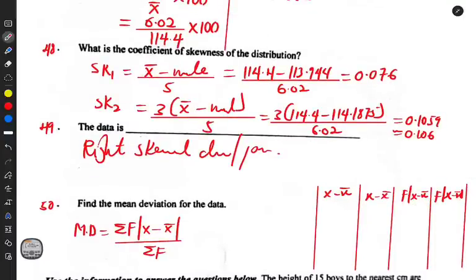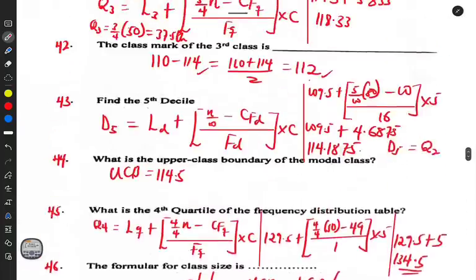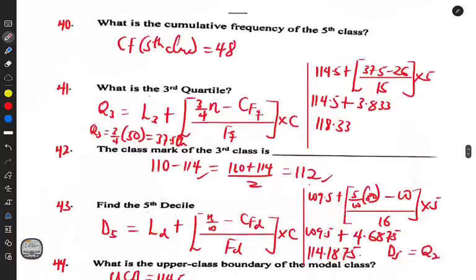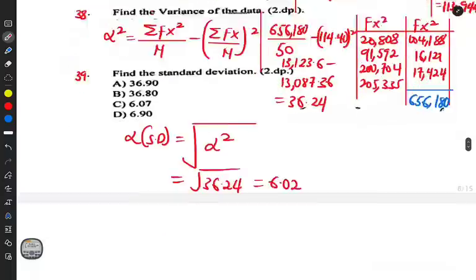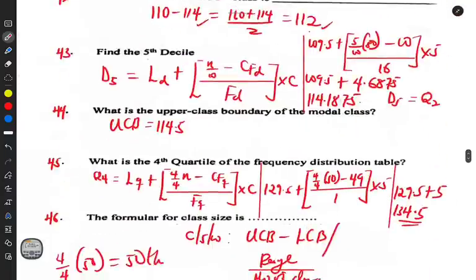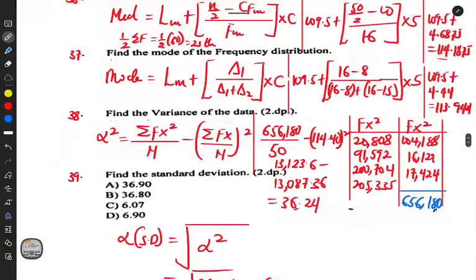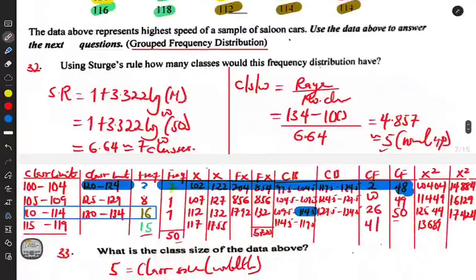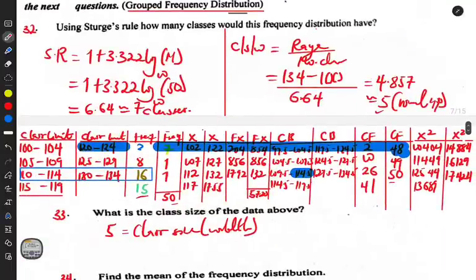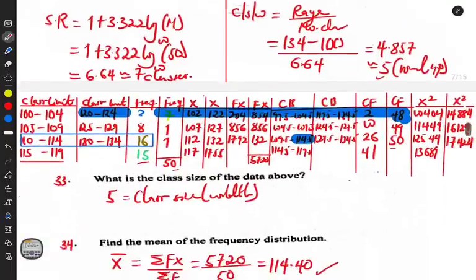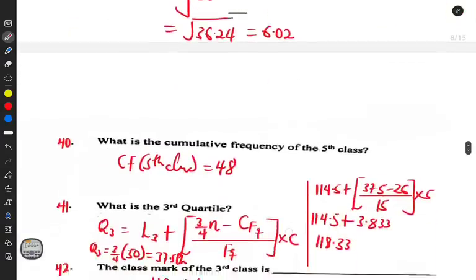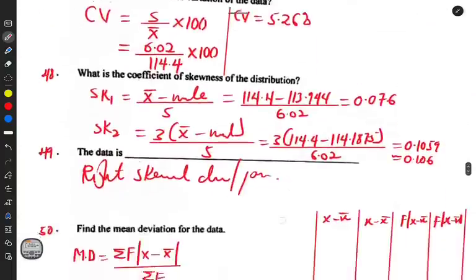So the x represents the midpoint. So we can go and get our midpoint values. I think we can get our midpoint values somewhere here, or we have deleted that. So these are the midpoint values we are supposed to have.